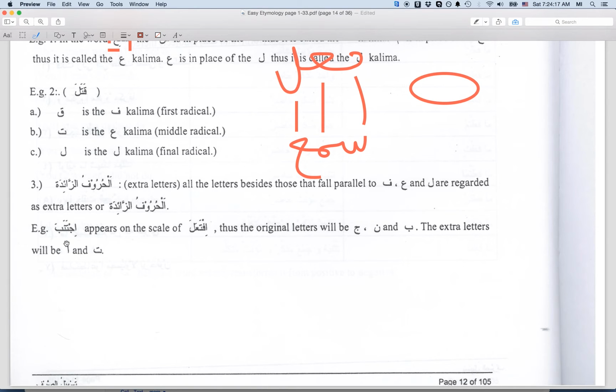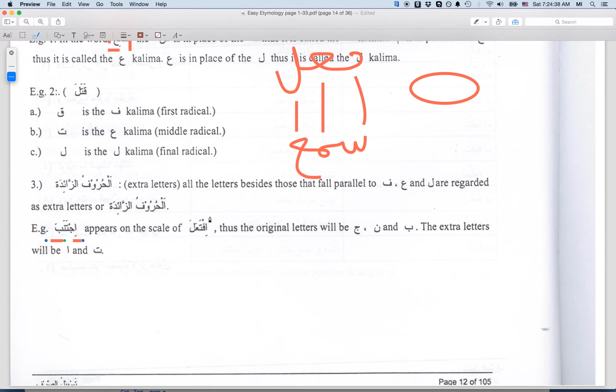I'm going to get an example right here. Ijtanaba. Again, the scale can change, but there's always going to be those 3. Ijtanaba appears in the scale of ifta'ala.